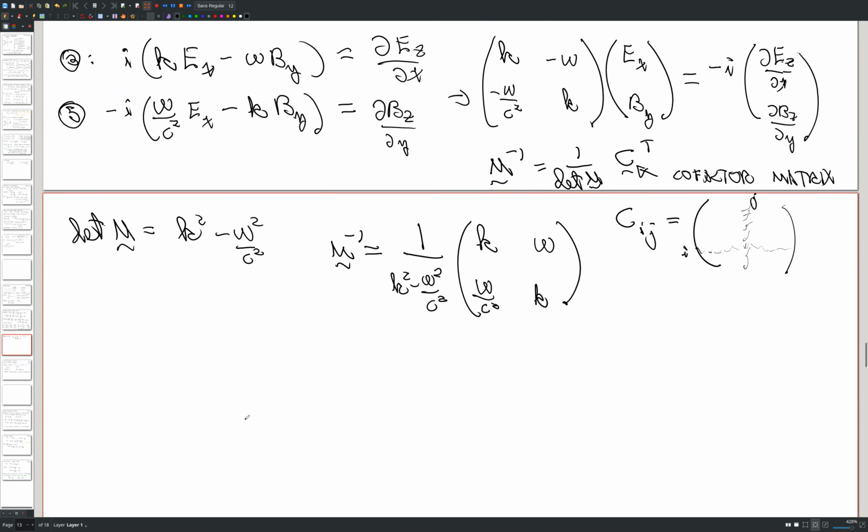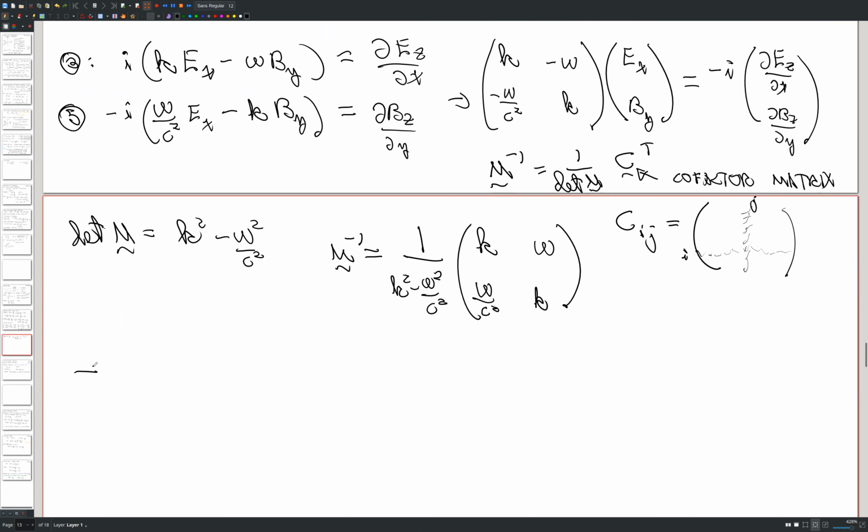So essentially what I'm telling you is that we obtain equations for Ex and Bx that look like this. So now I just have to multiply by the inverse matrix, and I've got this one here.